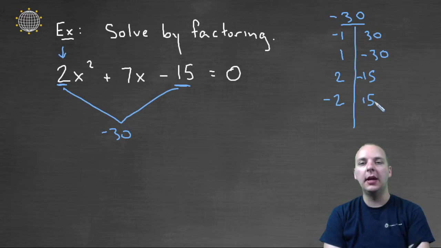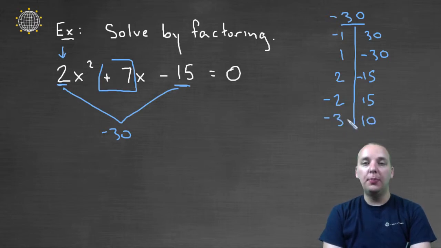One of those has to be negative. And what I'm looking for as I'm going through these factorizations is somebody that would add up to a positive 7. The first factorization doesn't, or the second, or the third, or the fourth. But then when you get down to negative 3 times 10, the product is negative 30, but also check out the fact that these would add up to positive 7.